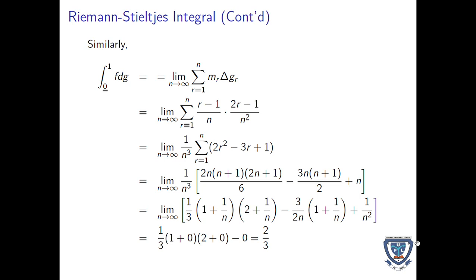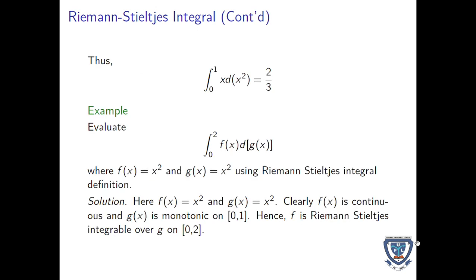When you evaluate properly again and factor out, you get 2 over 3. Therefore, the integral from 0 to 1 of x with respect to x squared gives us 2 over 3.